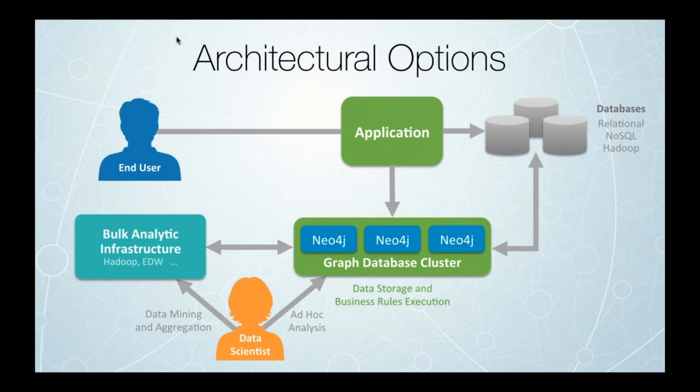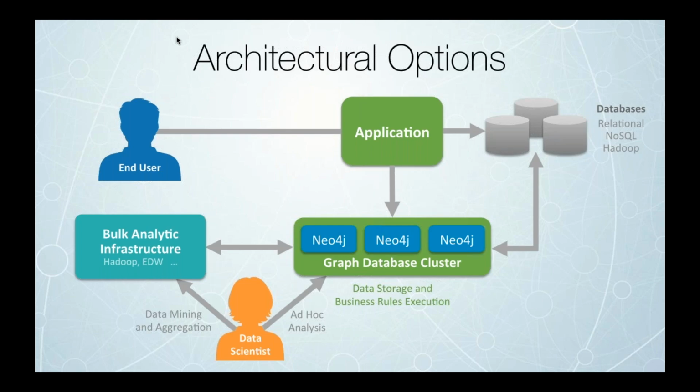And for each type of application or each feature in your application, use the databases which make the most sense. So you can have your Neo4j cluster, you can have your other types of relational or NoSQL databases or Hadoop clusters, and you can have your application using all of these for your real-time decisions. And you can also use all of these for your analytic infrastructure and have your data scientists look at them.